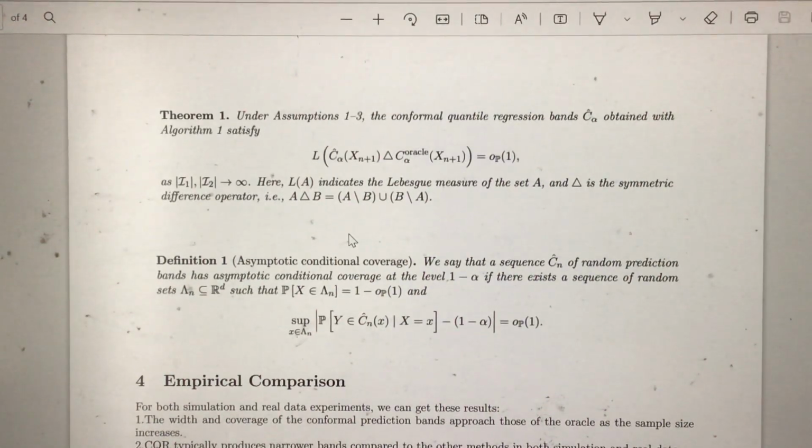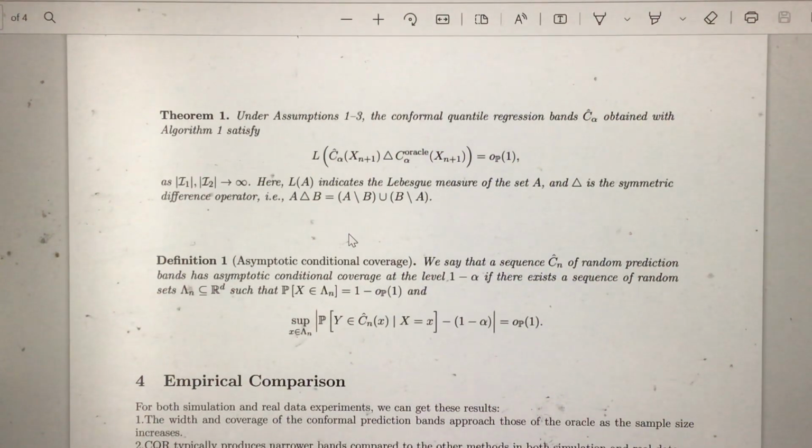So we can get this theorem 1. Under these three assumptions, the conformal quantile regression bands C hat alpha obtained with algorithm 1 satisfy L of C hat alpha triangle C alpha oracle at x n plus 1 is equal to o P 1 as L1 and L2 go to infinity.